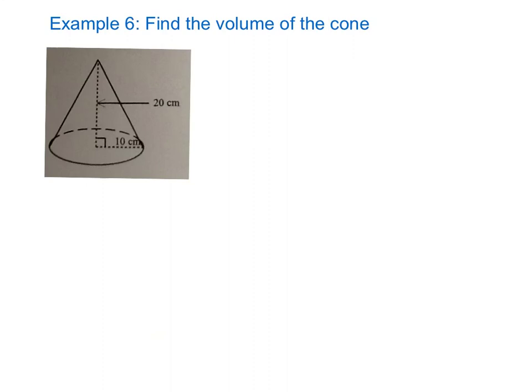Alright, so now we're looking at the last example here, and it's to find the volume of a cone. On the OAA reference sheet, it gives you that the formula for finding the volume of the cone is 1/3 times pi times r squared times the height of the cone.